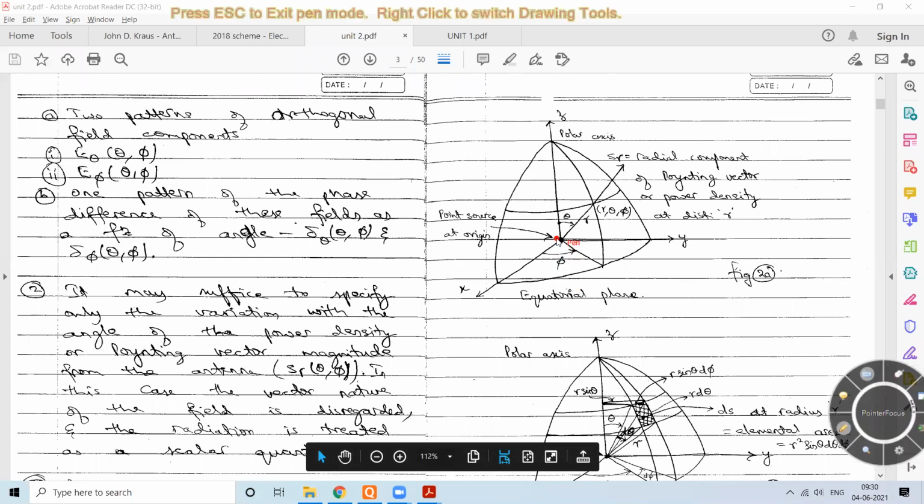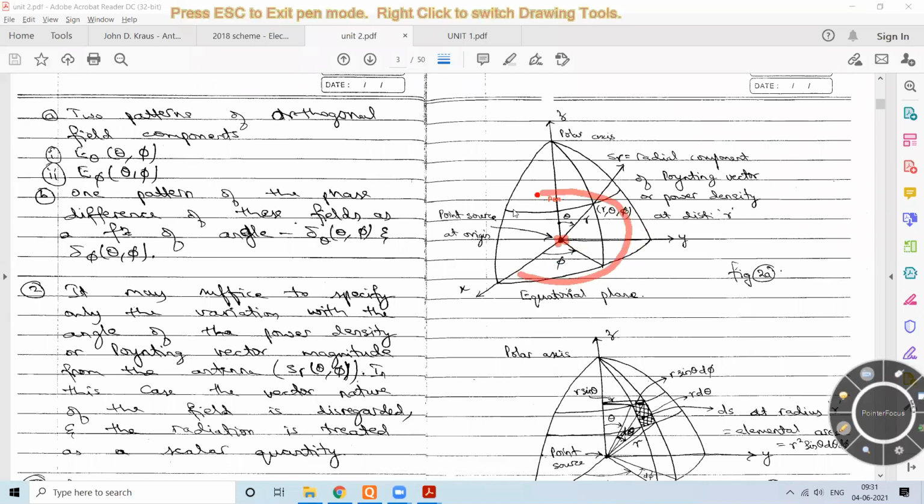In this case, at the center, you assume that the antenna is placed. If you measure the values along the phi direction, this will be the condition: at a distance r, you do not change the distance, and you make observations by changing the phi value.